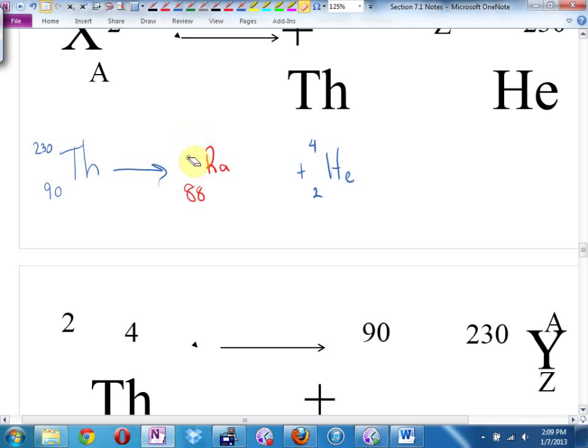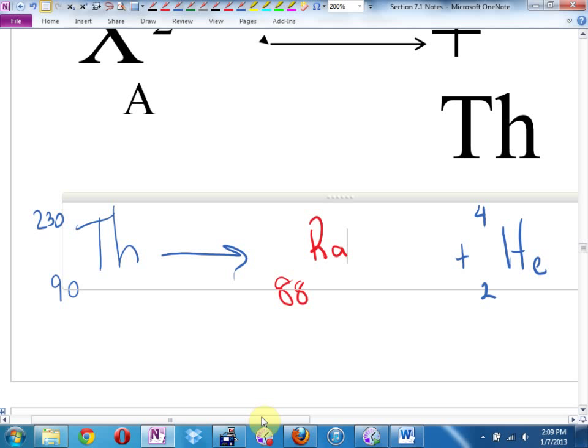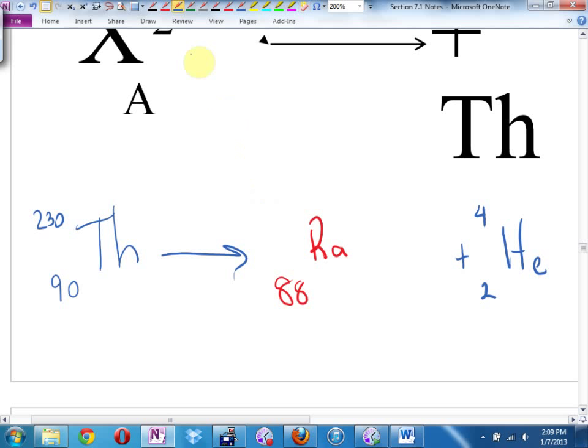What's the mass of this have to be? 226. What's the normal mass of radium, by the way? What's the mass of radium from the periodic table? Is it 226? This is probably stable. And Dylan, that goes back to your earlier comment about the masses not matching. This is how it would eventually decay to something more stable.